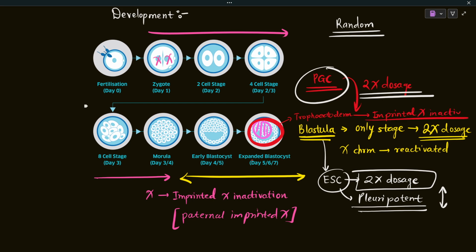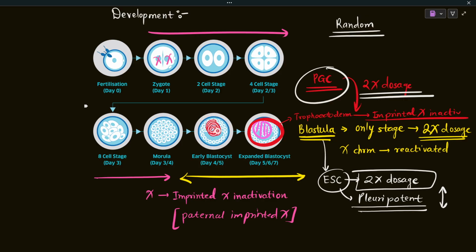Okay, so let's do a recap. From the zygote to the morula stage, there will be imprinted X chromosome inactivation. Then when the morula stage goes to the blastocyst stage, it has the inner cell mass as well as the trophoectoderm.